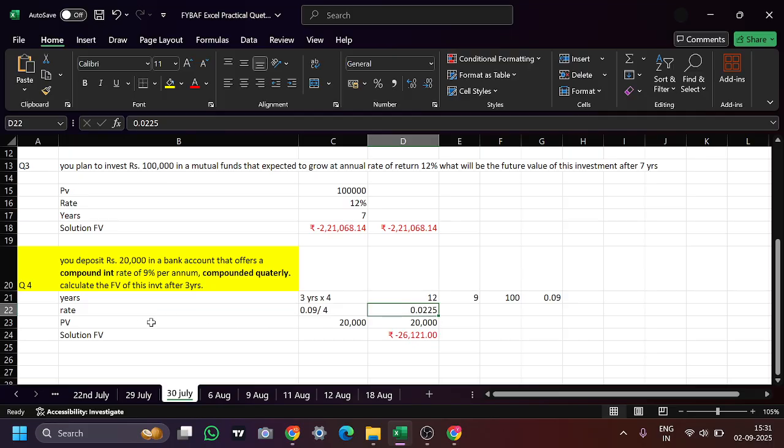Done. Now the present value is mentioned in the question as 20,000. We need to calculate the future value. How are we supposed to calculate it?